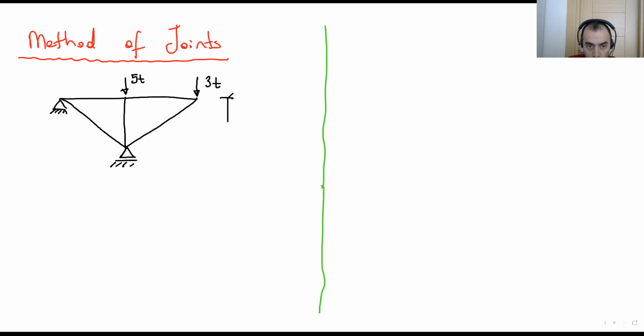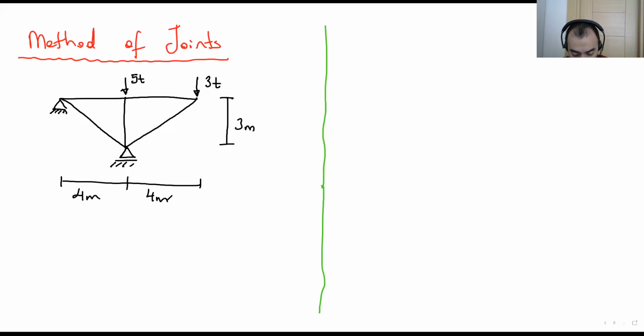Okay, dimensions are 3 meter. Here we can see a truss system with given loading system, and you can see all dimensions.